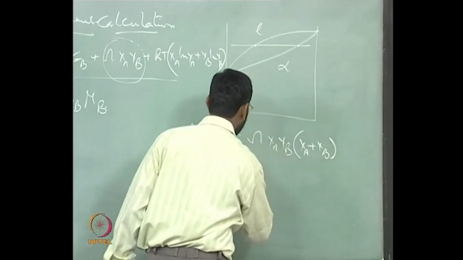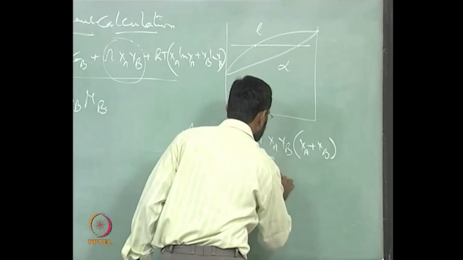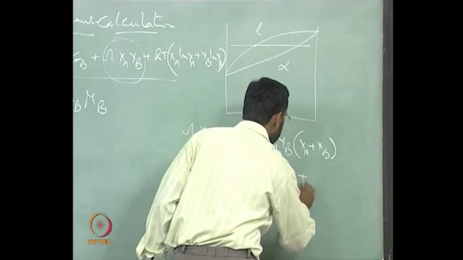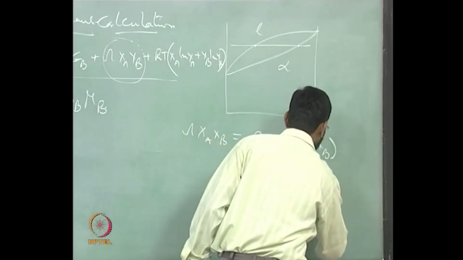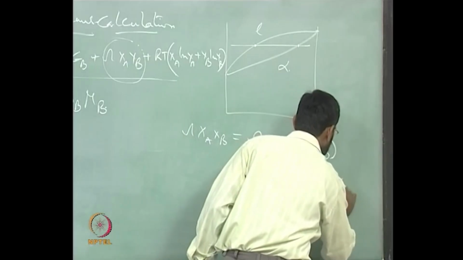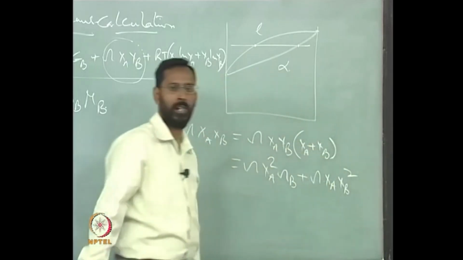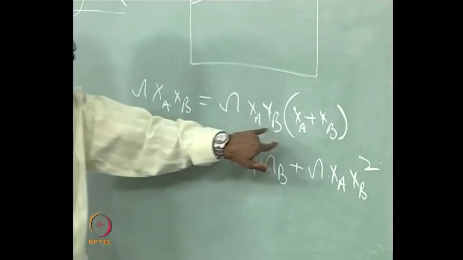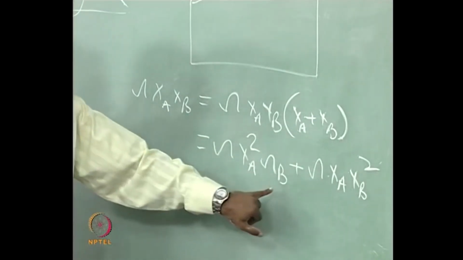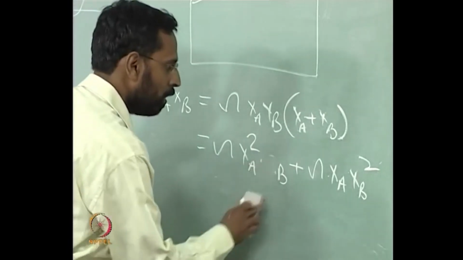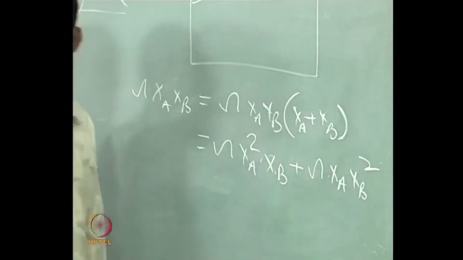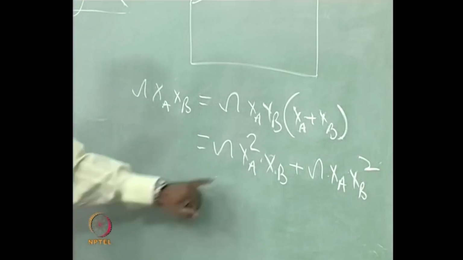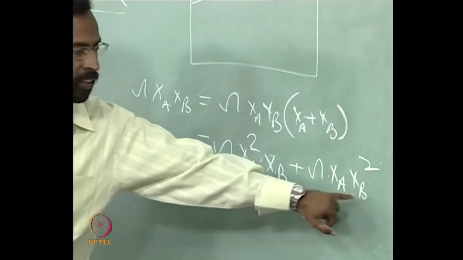So you can write it as omega XA square XB plus omega XA XB square, am I right? Simply you multiply this term with this, so that now this is XB. So omega XA square XB and XA XB square.